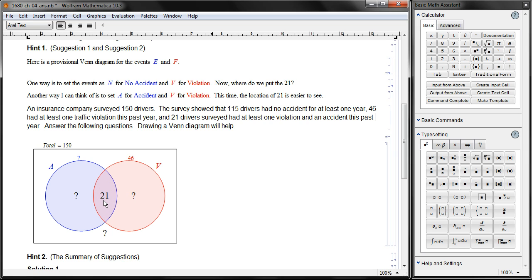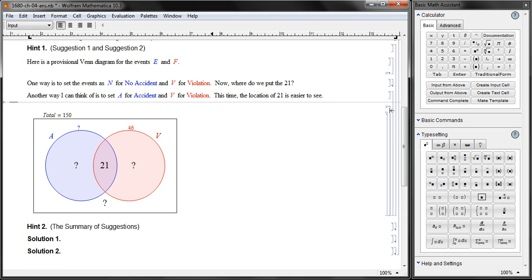Violation and an accident, that goes to the intersection. That's easy. But then again, there is a trade-off. 46 had at least one traffic violation over here, alright, but how many had an accident? Well, that's something to think about. And which one is better? I want you to make your own decision.